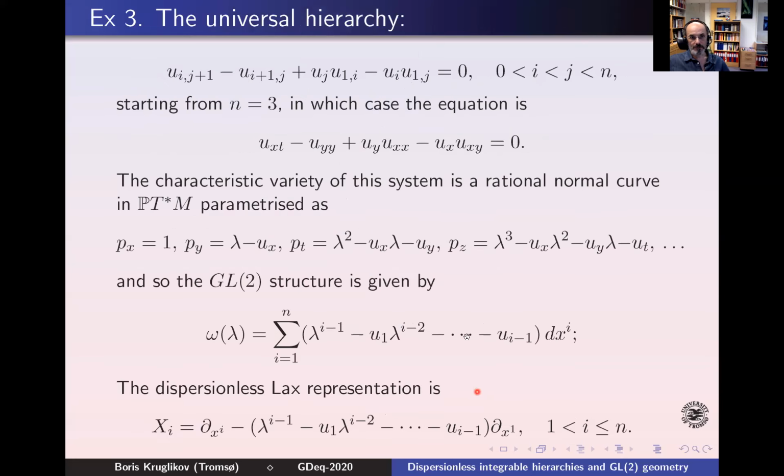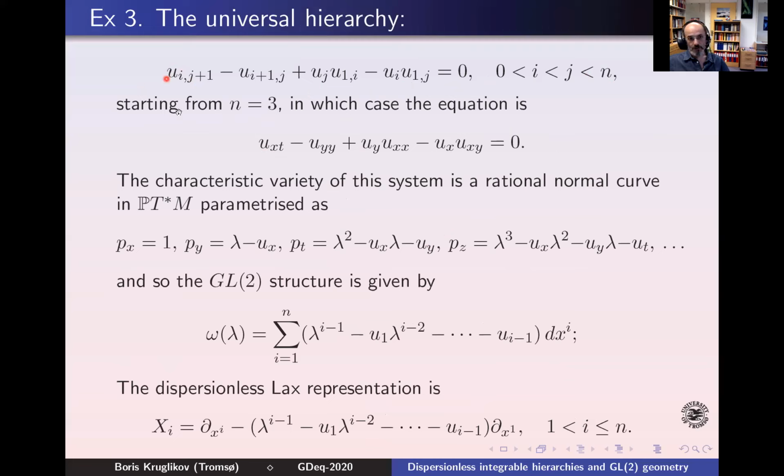And the final example is the universal hierarchy, which is this system. Again, you see it's quasi-linear. Well, I restrict the range here. And when we take n equal to 3, as you see it is j plus 1. Then with the same notations as before, we get this equation, which becomes more familiar.